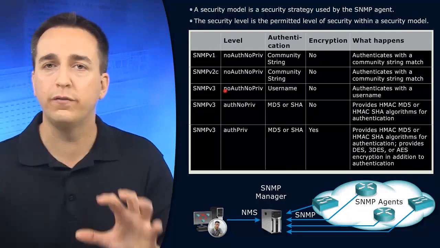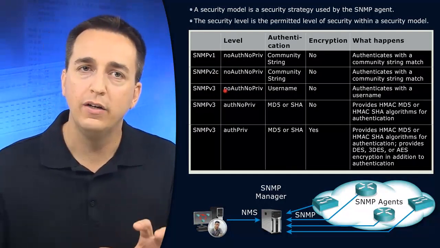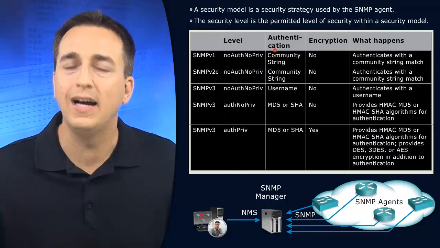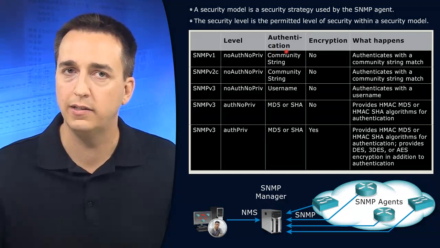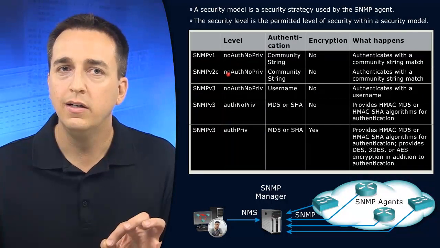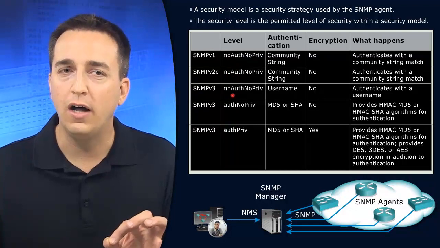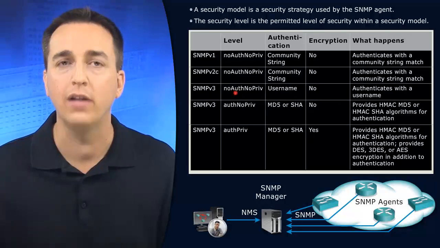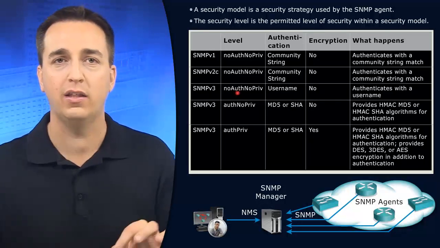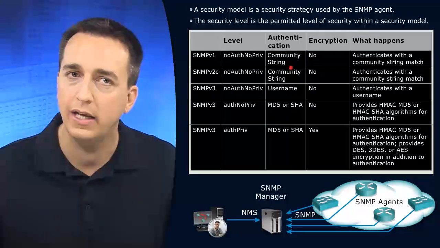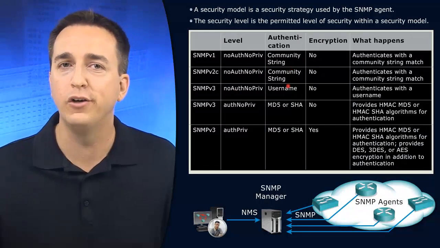But what is the difference when you look at version 1, version 2C, and version 3? Well, it's the type of authentication that's in place. Now, I want you to realize that even though it says no auth, it does not mean no authentication. You can have authentication, and it's important that you have authentication, and that authentication is going to be done with community strings for version 1 and version 2C.